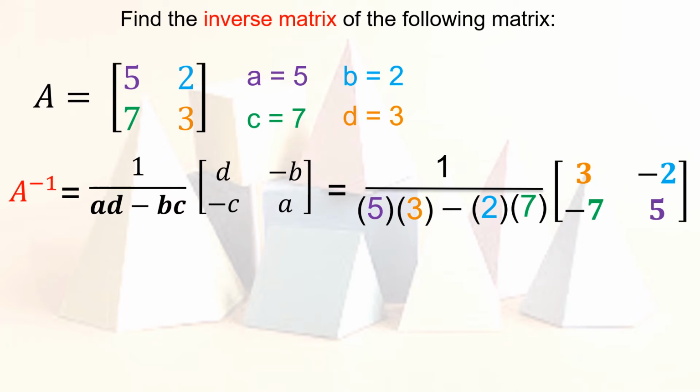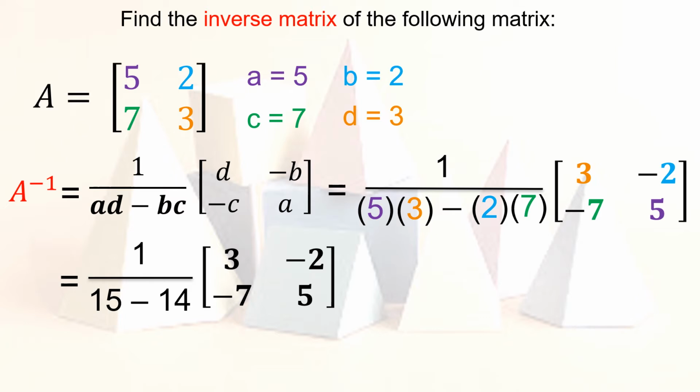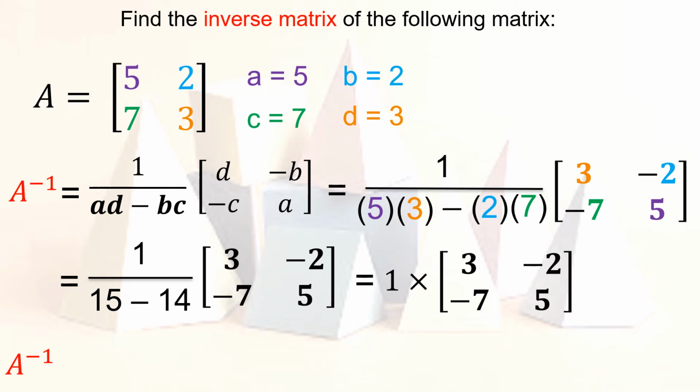From here, we simplify the denominator: 15 - 14 is 1, times [3 -2; -7 5]. The result is the inverse matrix of A, [3 -2; -7 5]. That is how to find the inverse matrix of a certain matrix.